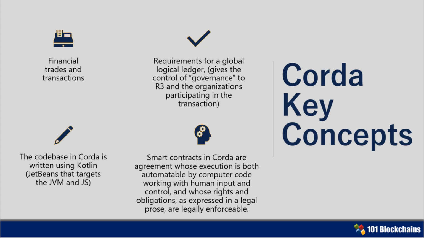Smart contracts in Corda execute with computer code as we would expect, and they provide what is called legal prose, which, in the right scenario, could be legally enforceable. We'll discuss that a little bit more coming up. When developing these smart contracts, you can attach a document that provides what is called legal prose.